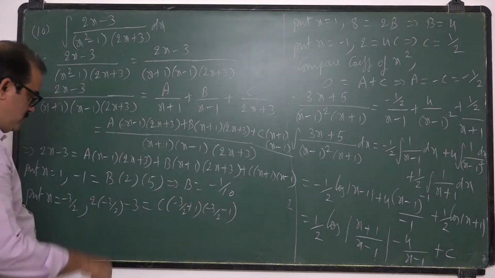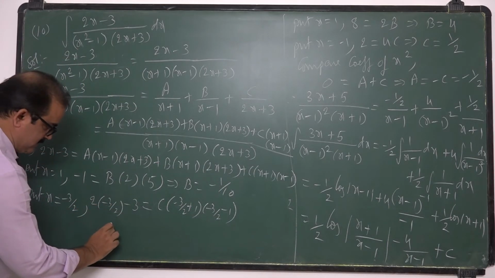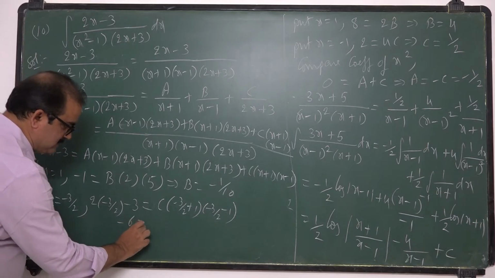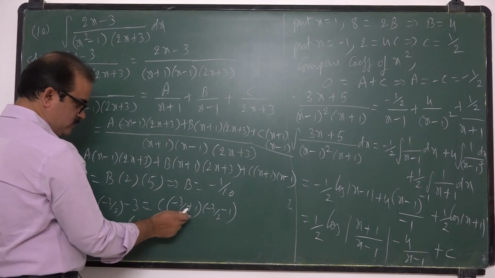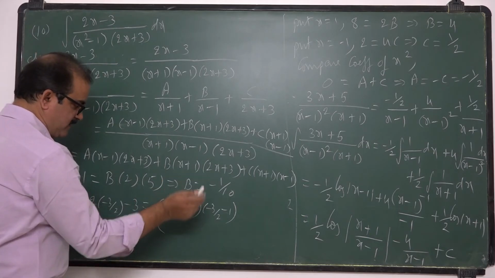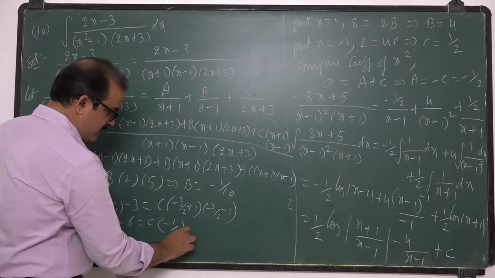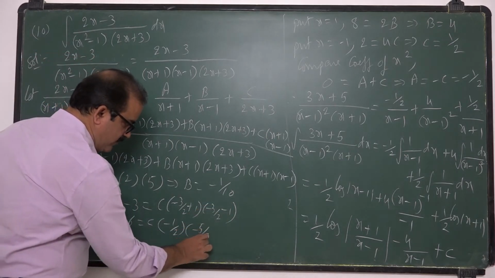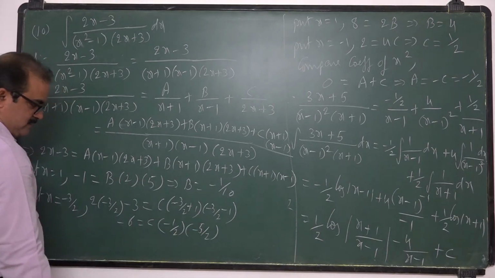Here 2 gets cancelled, minus 3 minus 3, minus 6 is equal to C into minus 3 by 2 plus 1, 2 is LCM, minus 3 plus 2, minus 1 by 2, and minus 3 by 2 minus 1, minus 5 by 2. Minus into minus is plus.